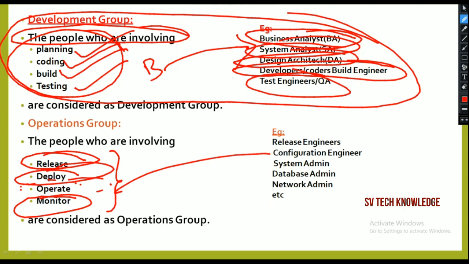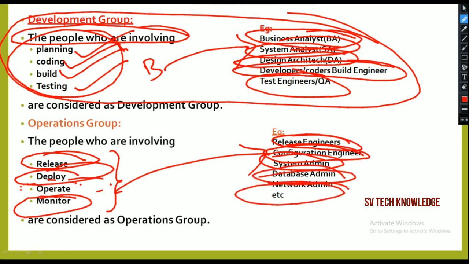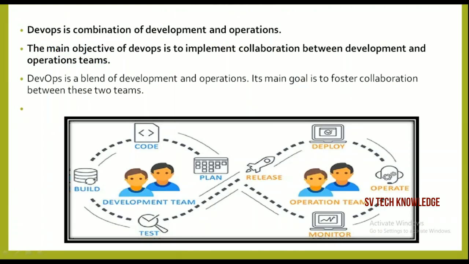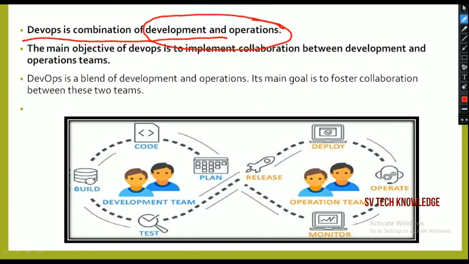The roles are release engineers, configuration engineer, system admin, database admin, network admin, etc. These all come under the operations team. Earlier in software engineering, these two teams worked individually and made a project, but in DevOps culture we are collaborating these two teams and working together. In a simple manner, DevOps is a combination of development team and operations team.